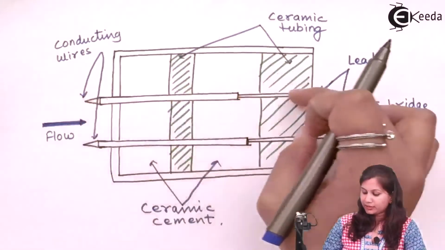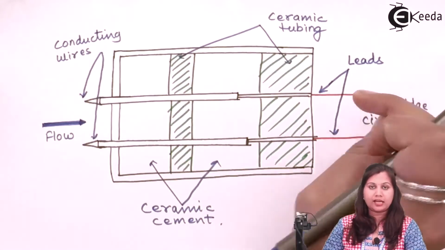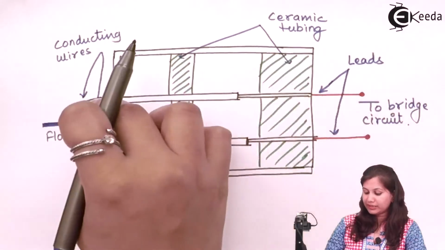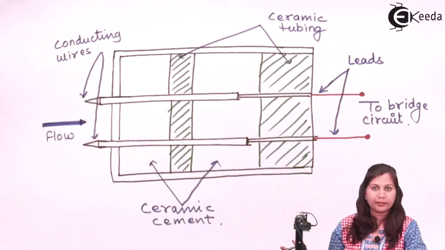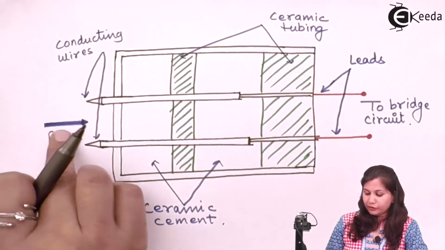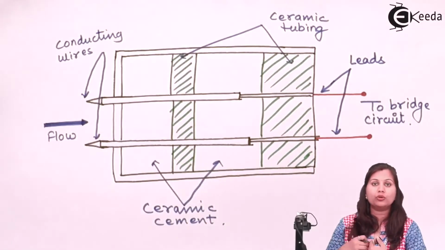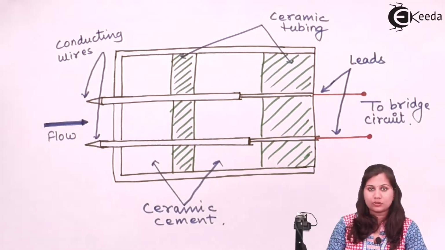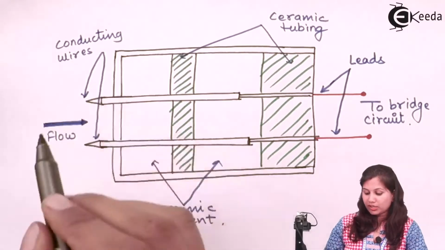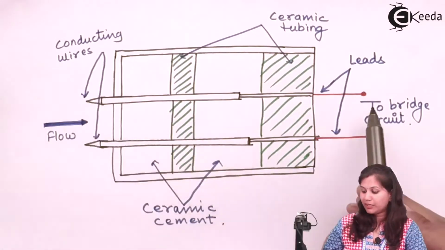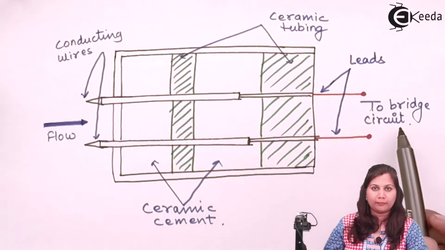Then to this conducting wire, leads are connected, and these leads connect the conducting wire to the bridge circuit. So if the fluid is flowing here, the conducting wire is going to lose its heat, its temperature is going to change, or we can say its resistance is going to change. This change in resistance is measured by using the Wheatstone bridge.